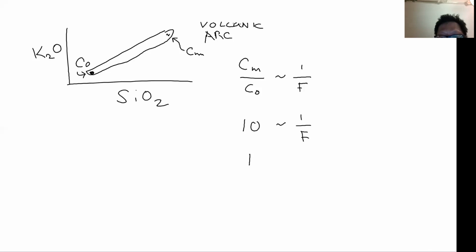And what that means is to get a rhyolite from over here, a basalt, this is rhyolite, basalt, you're going to need about 90% crystallization. So if you see 1 kilometer of rhyolite, which you really never do, but let's say you do, then you're going to need 10 times more cumulates or everything else down hidden at depth.